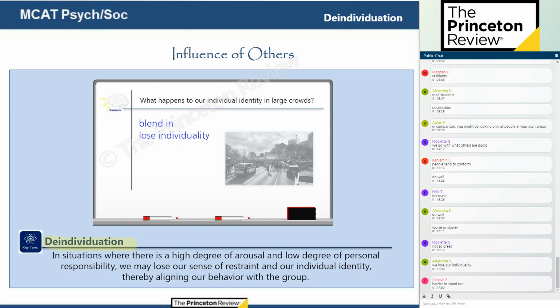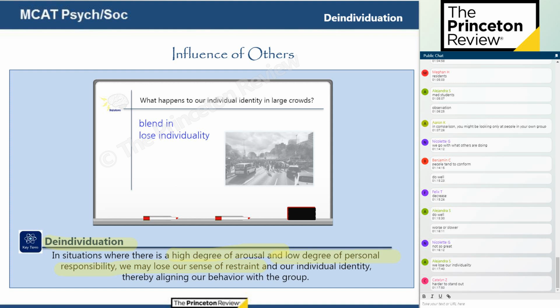Okay. Where there is a situation with a high degree of arousal and low degree of personal responsibility, we lose our sense of restraint. This is what mob mentality is about.